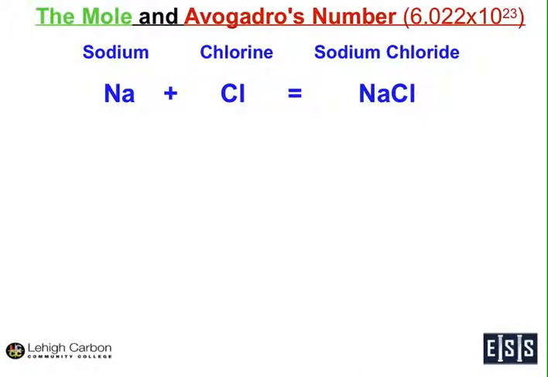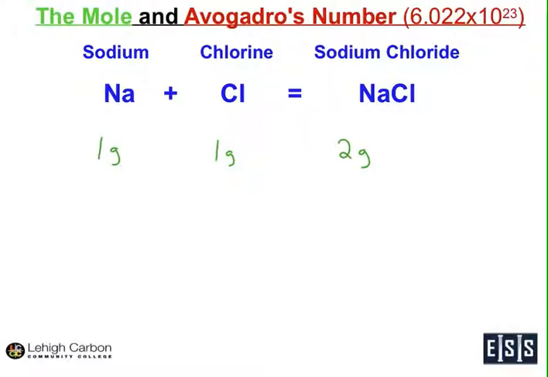By looking at this equation, you might assume that if you had 1 gram of sodium and you combined it with 1 gram of chlorine, that you would make 2 grams of sodium chloride. Conservation of mass, 1 plus 1, your sodium chloride would weigh 2.